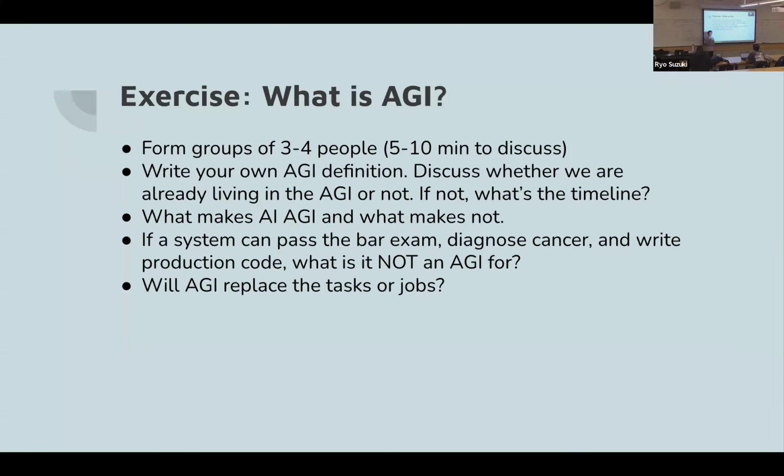And what is the implication for society? I want to discuss for 5 to 10 minutes with the group as usual, because it's open-ended. So can you form the group as usual and discuss based on this prompt?